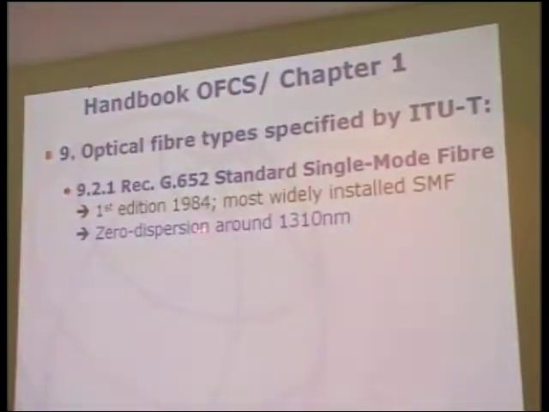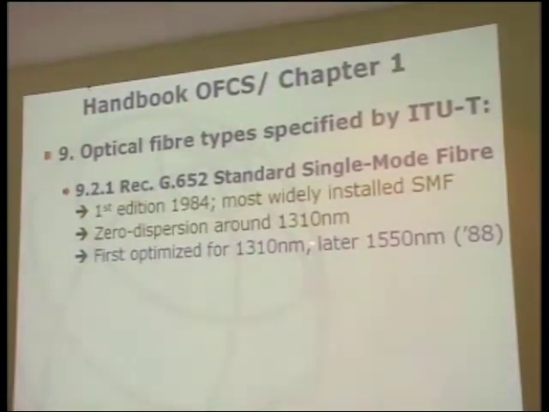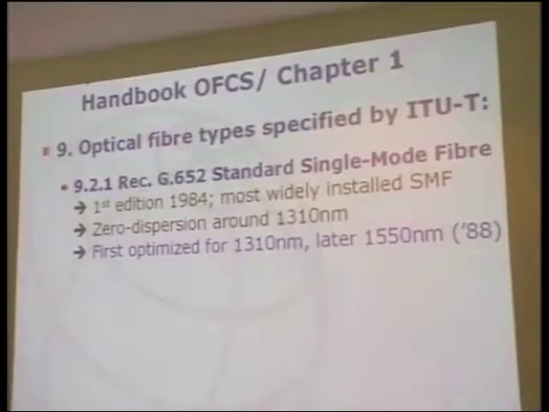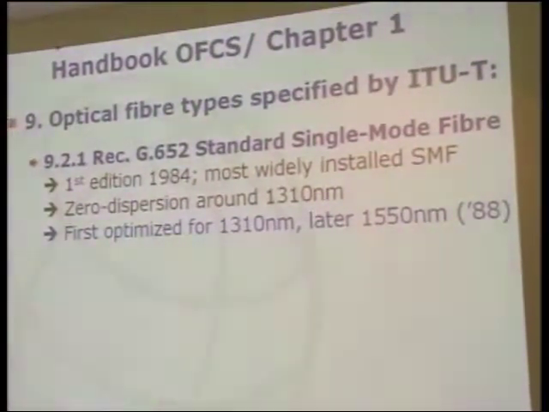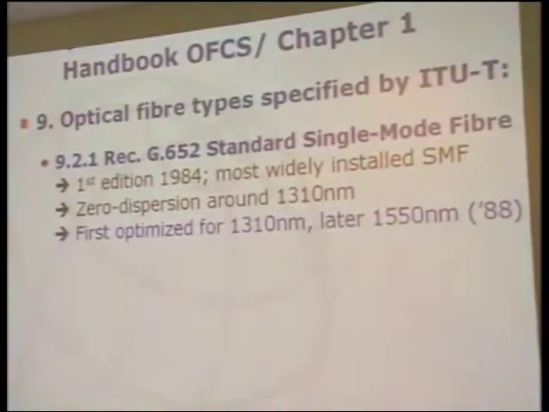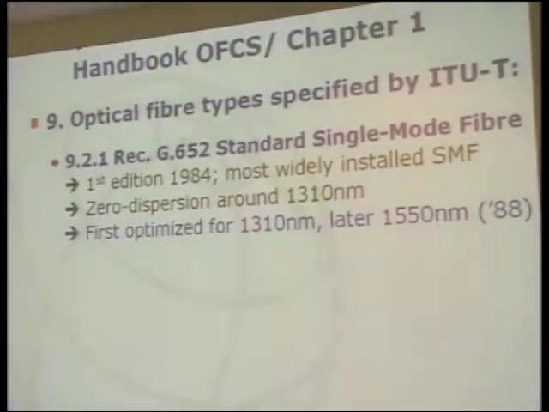It's characterized by a zero dispersion around 1310 nanometers. In history, the fiber started to be used first at 1310 nanometer. Only later, around 1988, was the third window, the 1550 nanometer application, also mentioned in the recommendation.